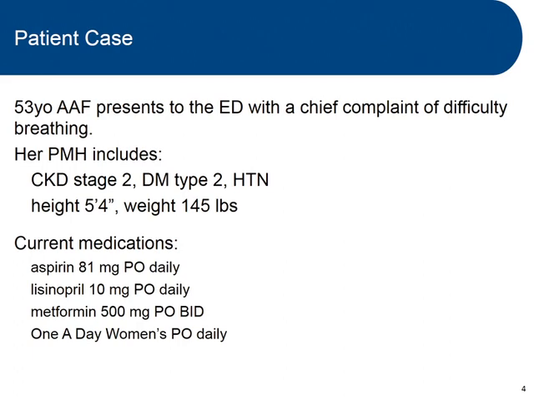Lisinopril is an antihypertensive drug. It's an ACE inhibitor to be specific, and it can be used for treatment of hypertension. It's an especially good choice in patients with diabetes because it can provide some kidney protection. So given that she's got diabetes and chronic kidney disease, lisinopril is a good choice for an antihypertensive.